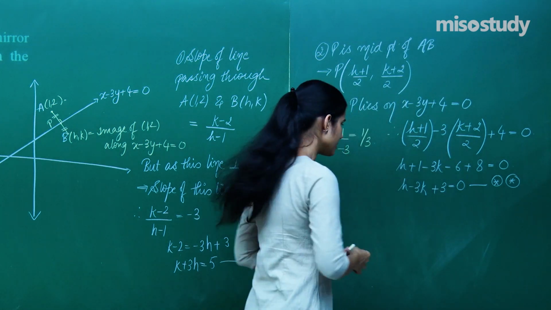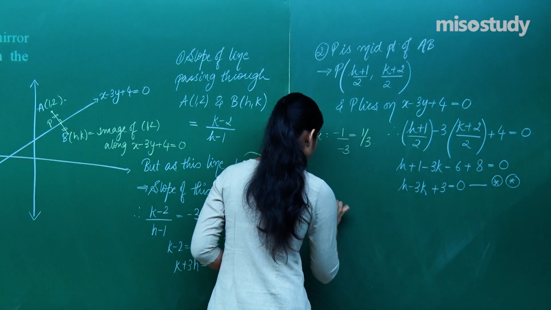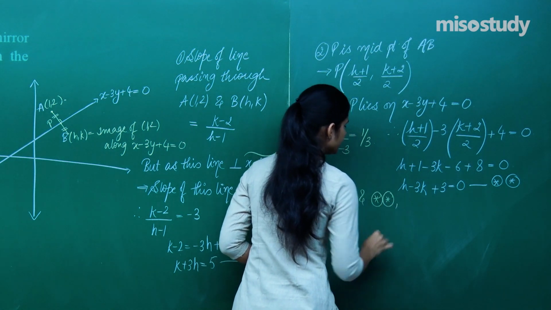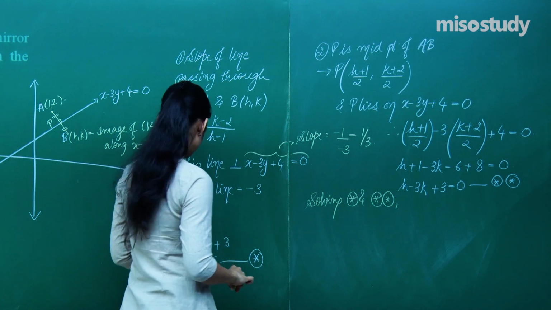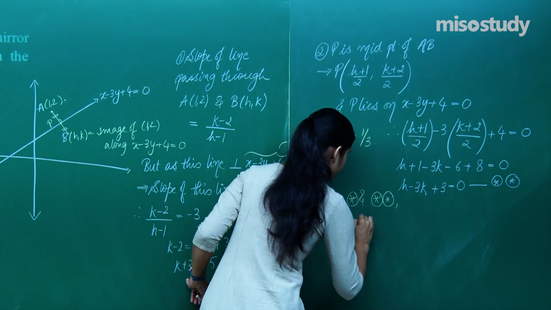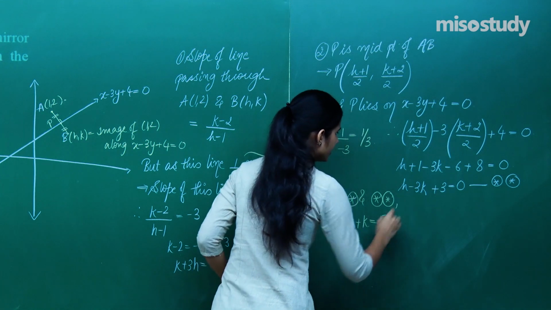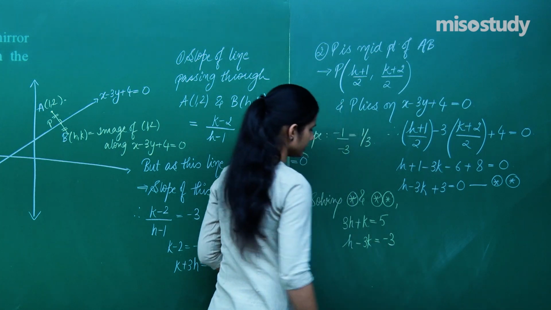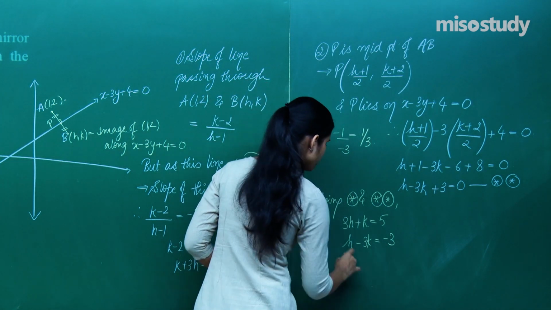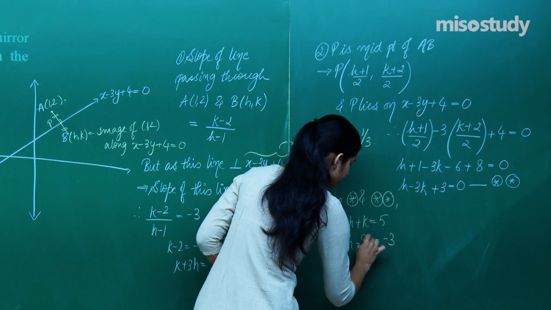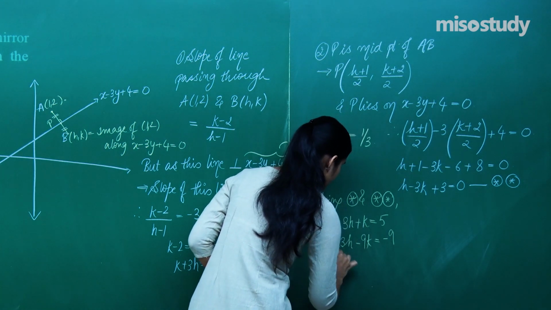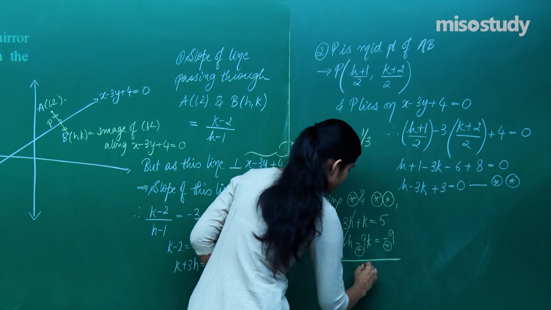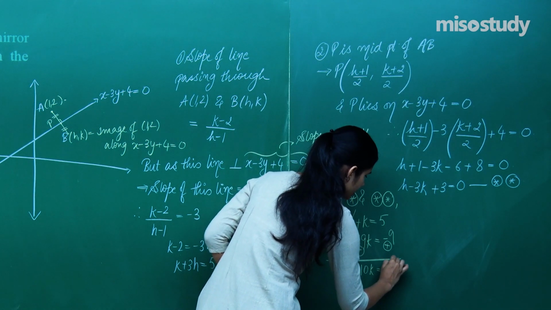Just solve star and double star. Solving star and double star, what do you get? This is 3h plus k equals 5, and this is h minus 3k equals minus 3. So you multiply throughout by 3, this will be 9h, this will be 3k, and this will also be 9. Now you subtract, what do you get? k plus 9k is 10k, this is 14.